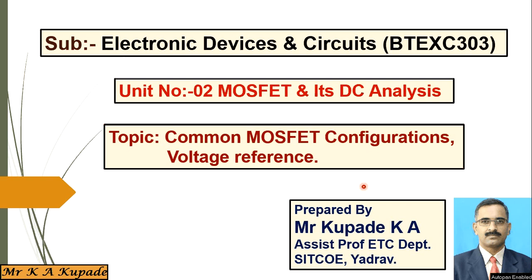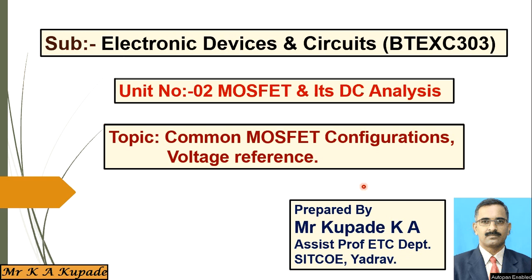We are discussing unit number 2, MOSFET and its DC analysis. In the previous lecture, we discussed the topic of common MOSFET configuration. The point we discussed is constant current source biasing. That means how a constant current can be obtained by using the MOSFET.